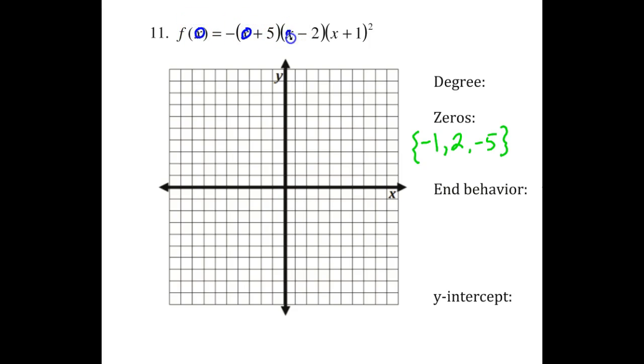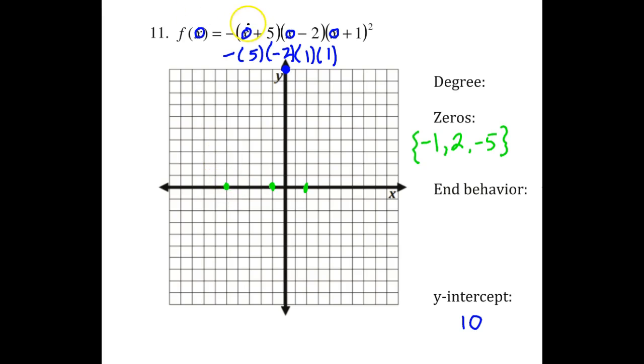Put 0 in here so we can find the y-intercept. We'll have a negative in front, times 5, times -2, times 1, and times 1, since there's 2 of them. So we'll have +10 as the y-intercept. That's way up here. And my roots will be -1 and 2 and -5.